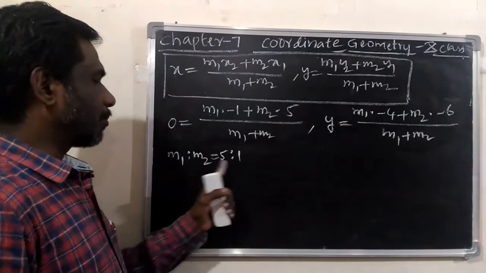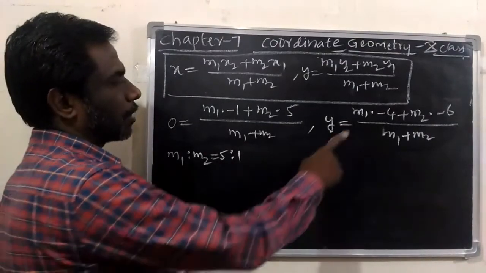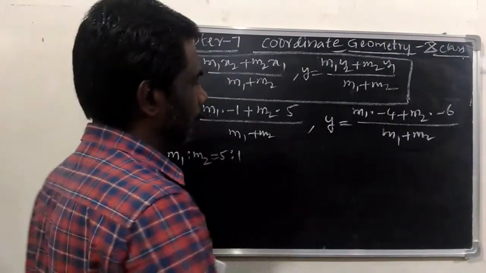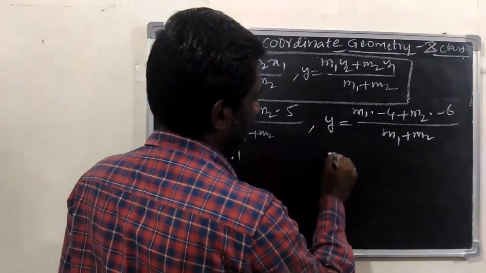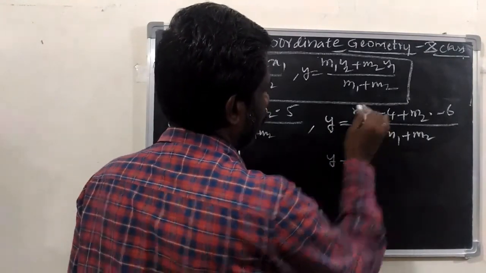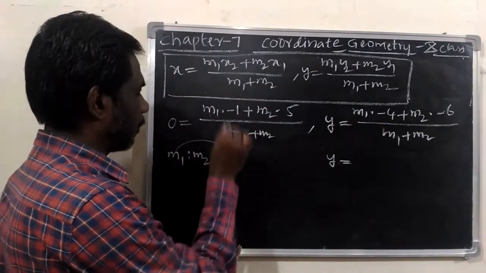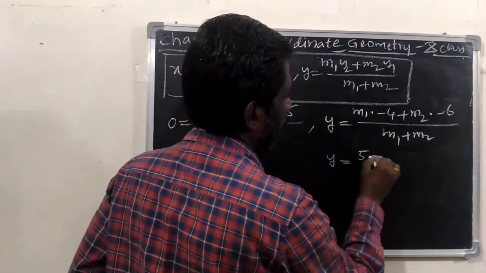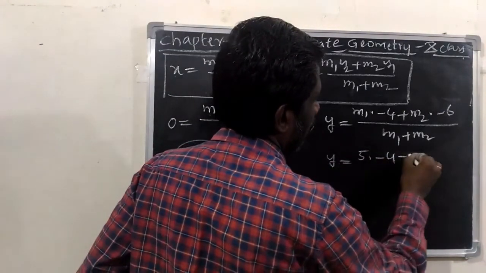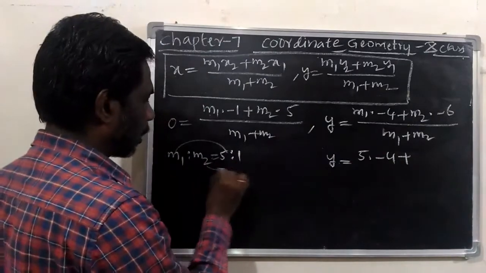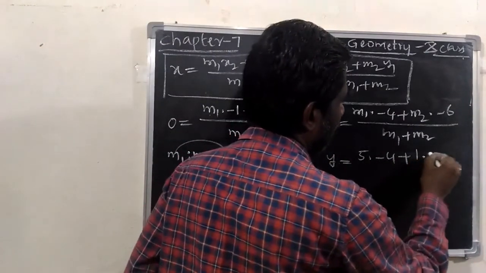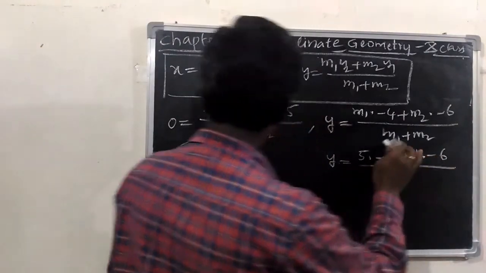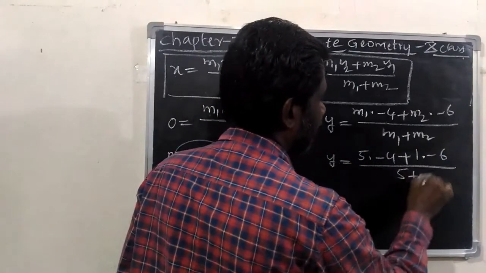After we get the m1, m2 values, we substitute them in this part. y equals m1, whose value is 5, into -4, plus m2, which is 1, into -6, by 5 plus 1.